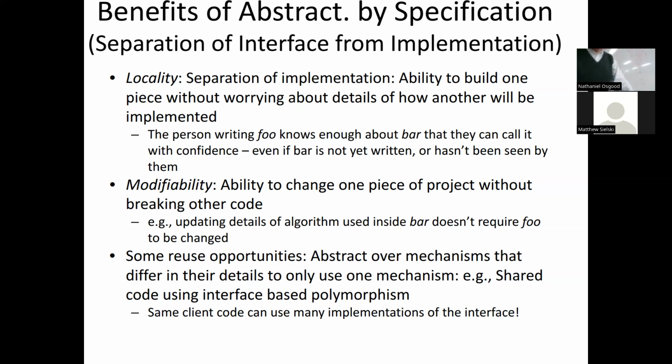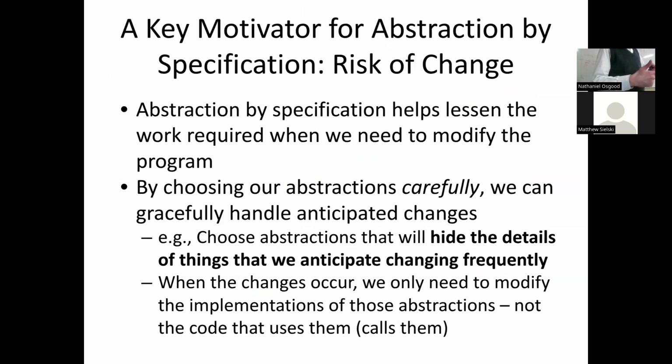And we can be confident that this code in foo will work with them because they guarantee certain properties. Does that make sense? Are people tracking? Okay, so sounds great. We're going to be talking about how you achieve specifications like that. Okay, so it simplifies our life. It lessens the amount of work.